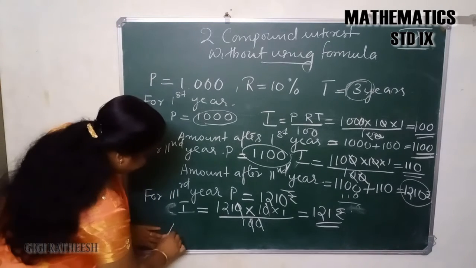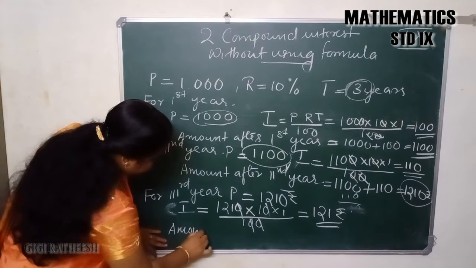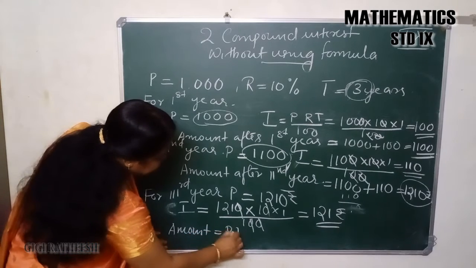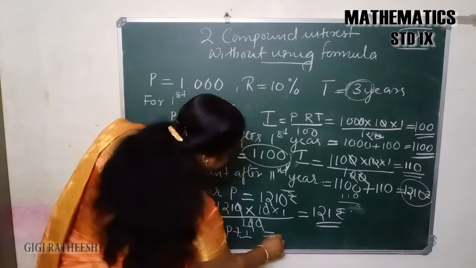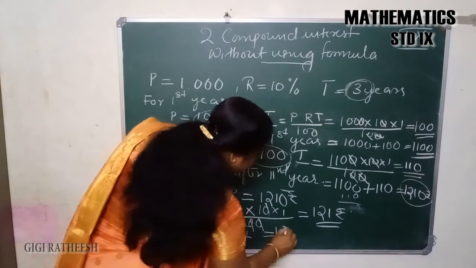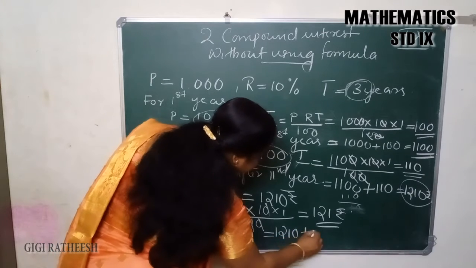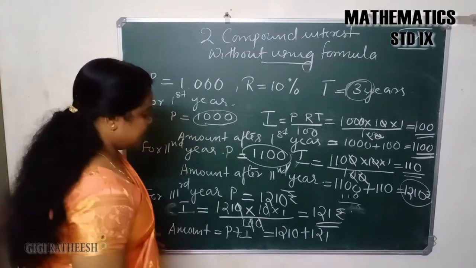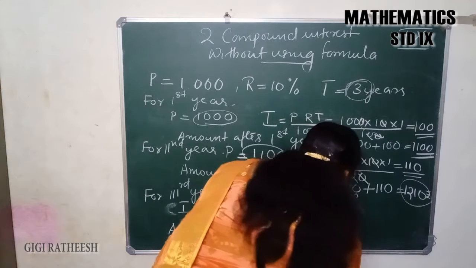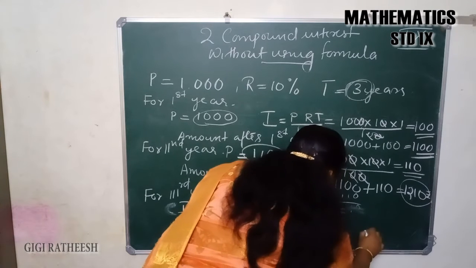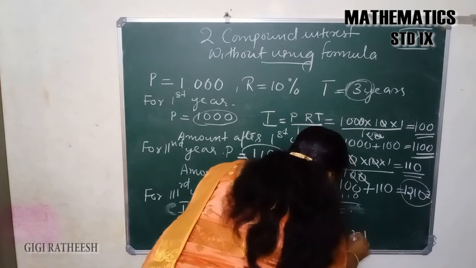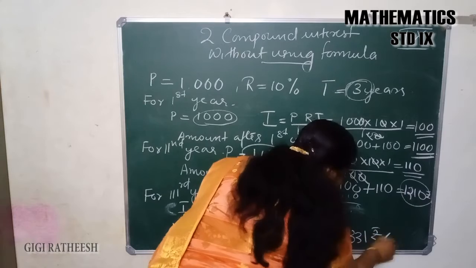And the amount is equal to P plus I, the principal 1210 plus I, which is 121. That is equal to 1331 rupees.